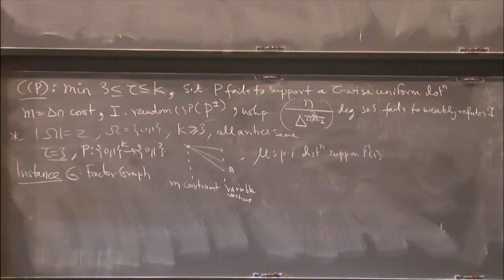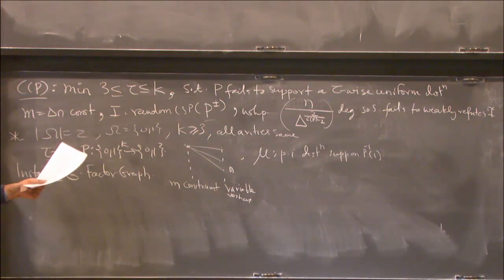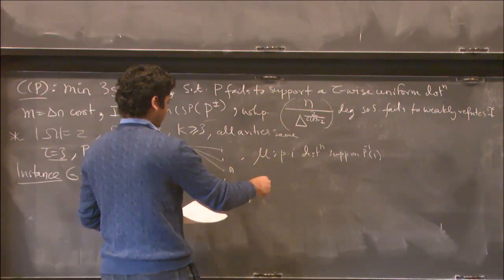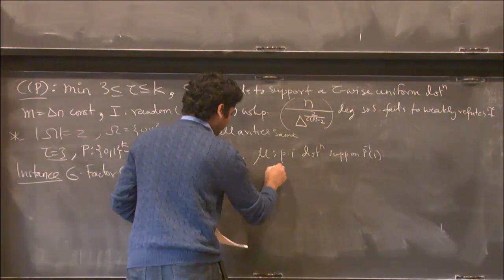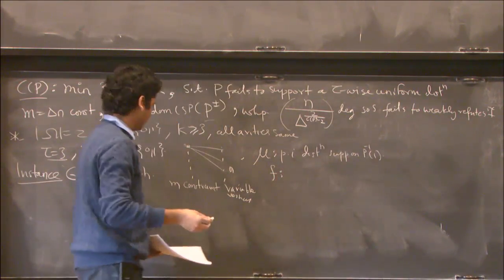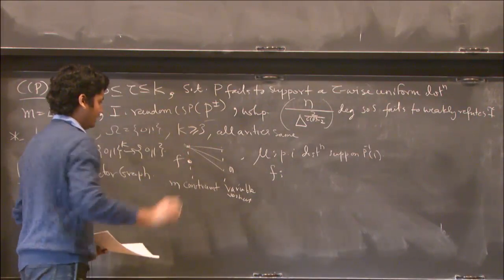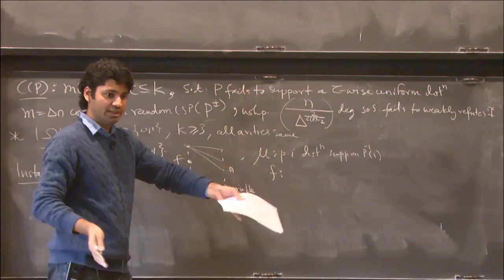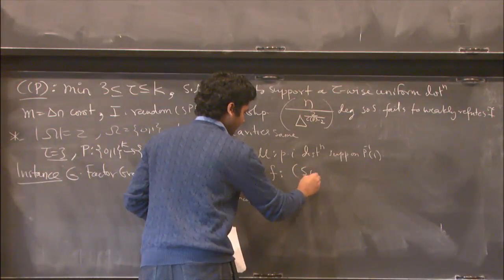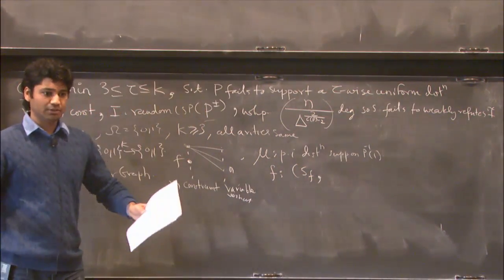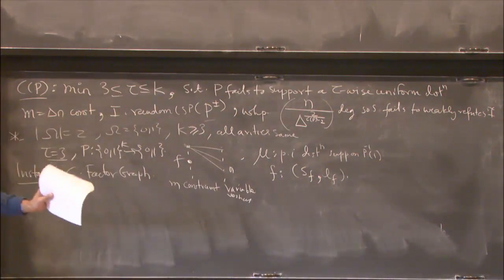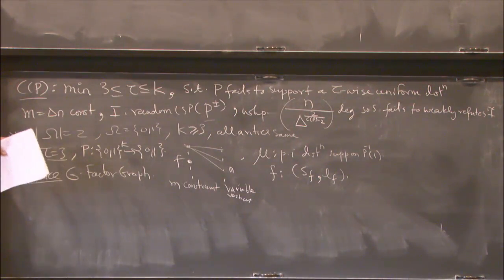Let's see if I have discussed all the setup. So just a notation for describing the constraints. Every constraint vertex f has a scope, meaning the variables it depends on, the tuple that it depends on. Let's call it S_f, and the literal pattern on those, I'm going to call it L_f. Okay. So is the setup clear? This is just standard, but I wanted to introduce a notation before going ahead.